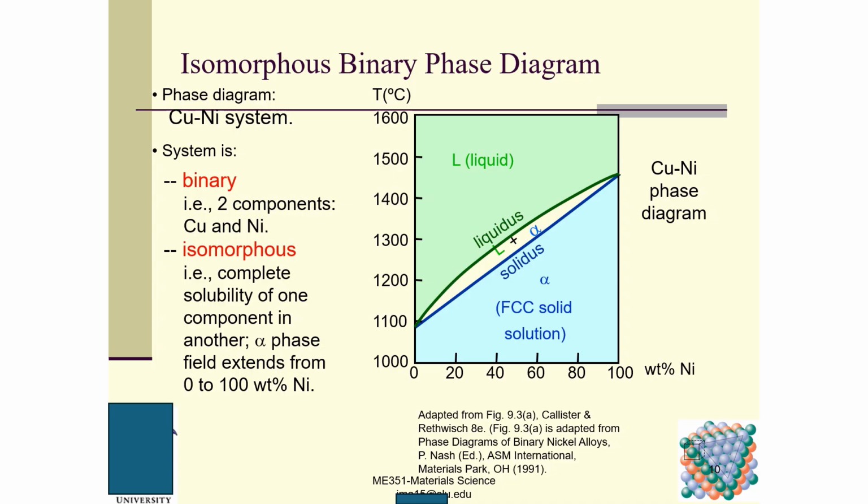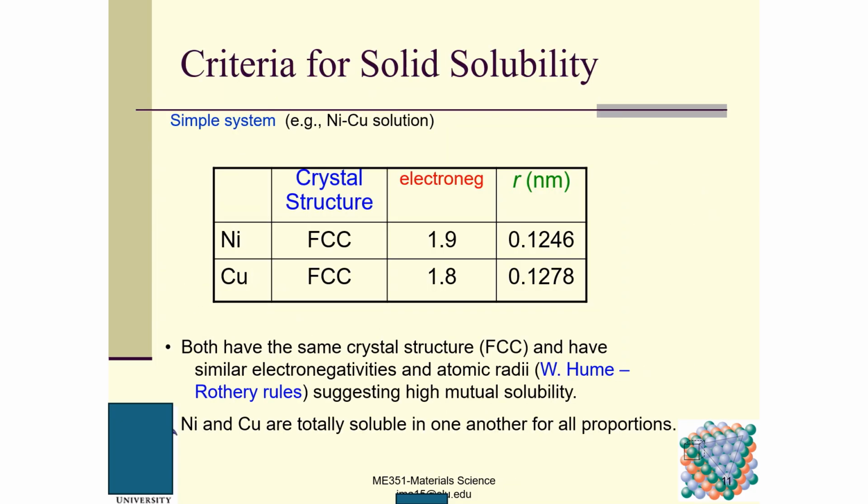Okay, if these two are a substitutional solution, that is called isomorphous. That means on the abscissa we can have 0 to 100%. And then we talk about the criteria for solid solution, and I hope you still remember these are the Hume-Rothery rules. So this is a simple nickel-copper solution system.